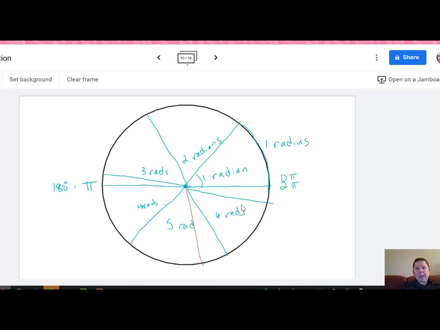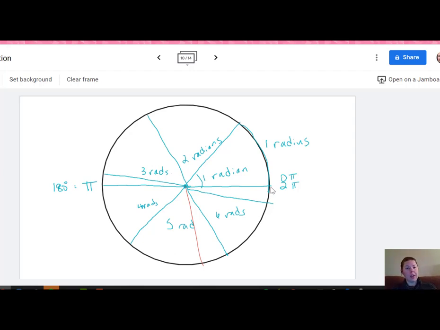Now we're actually learning what a radian is and where it comes from. I had the students take their triangles and run them along the outside of their circle. All the way around the circle ended up being about 6 radius lengths, a little bit more than that.